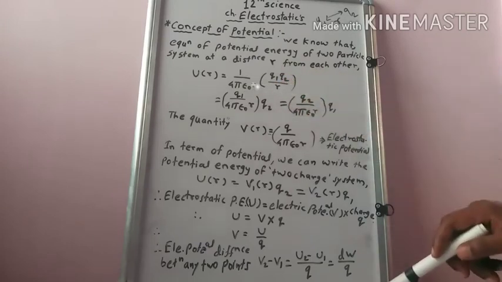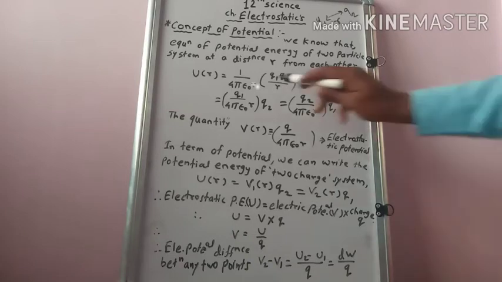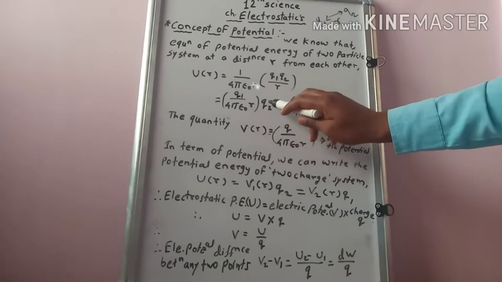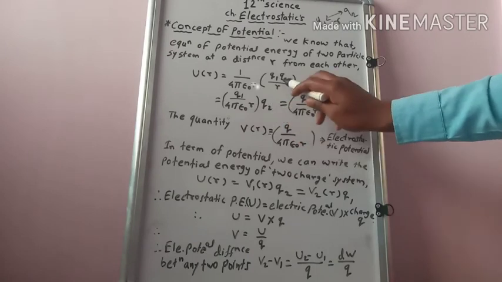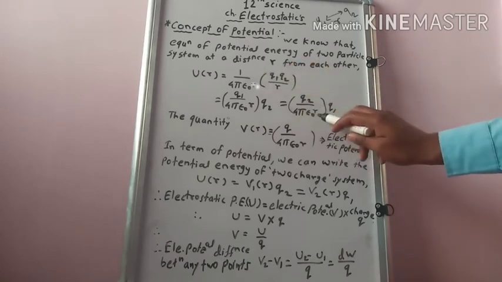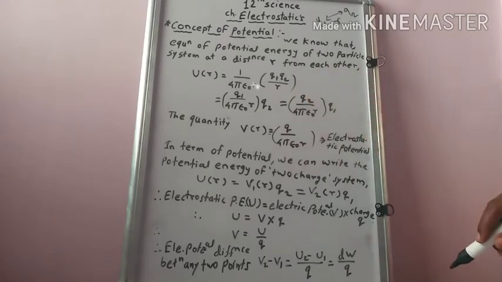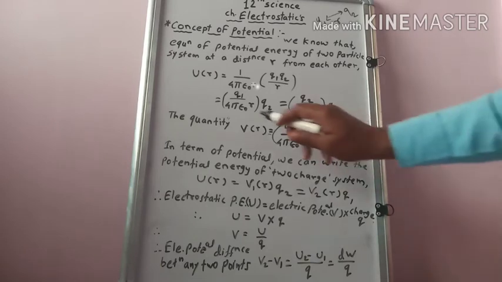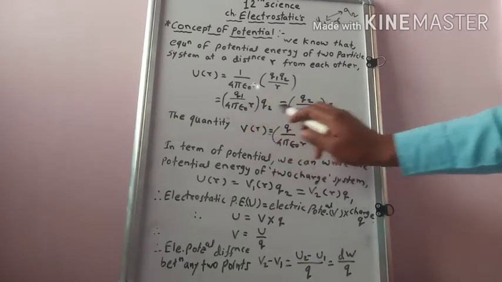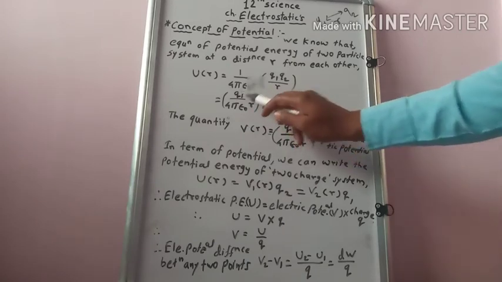Therefore, we can write this equation with q1 upon 4 pi epsilon naught r outside the bracket, and q2 as is, and similarly q2 upon 4 pi epsilon naught r outside the bracket, and q1 as is. So this quantity q1 upon 4 pi epsilon naught r or q2 upon 4 pi epsilon naught r, we consider for the two charges q1 and q2.